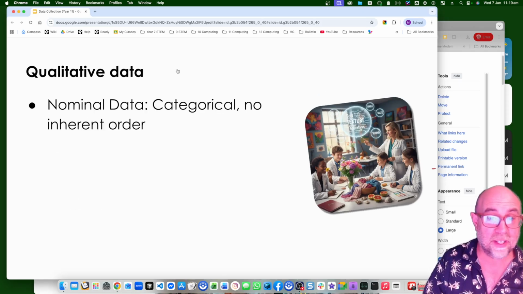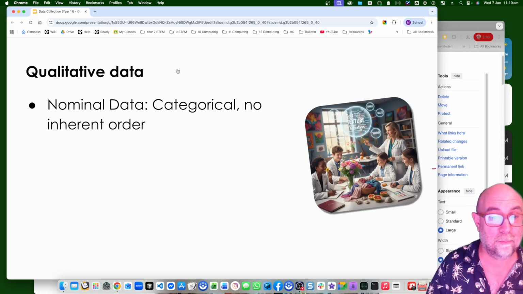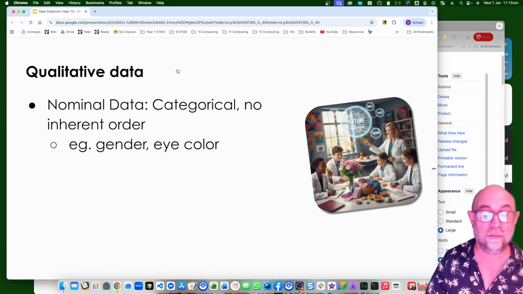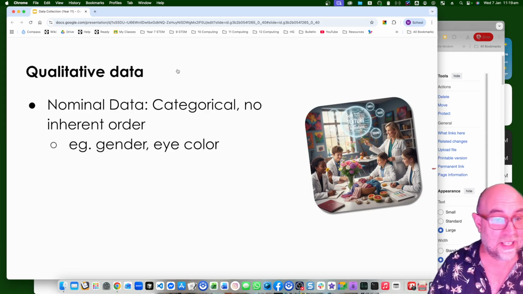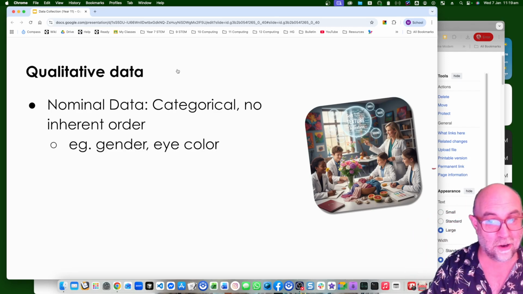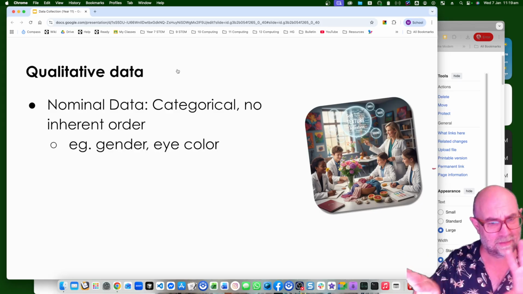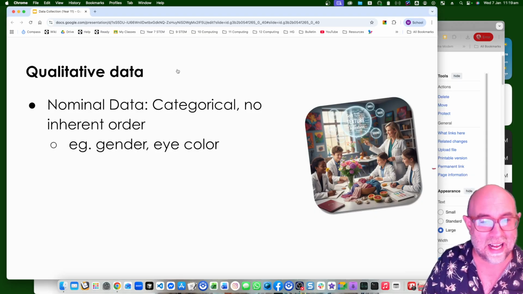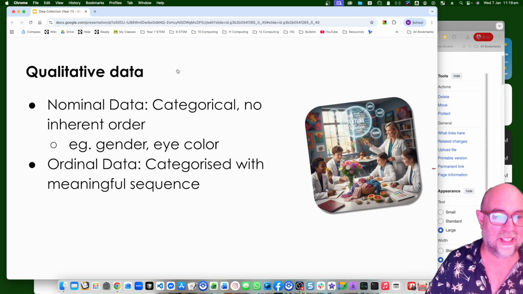There are two types. There is nominal data, which is categorical and has no inherent order. So, for instance, gender. The order isn't man, woman, non-binary, and so forth. They're all sitting there next to each other. It's not blue eyes, brown eyes, green eyes. There's no hierarchy there.